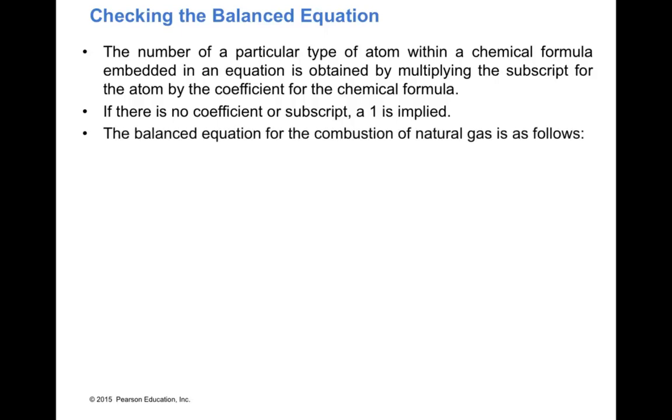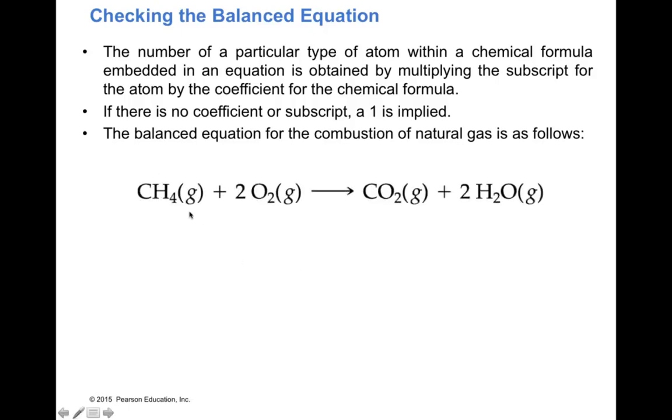The balanced equation for the combustion of natural gas is as follows: CH4, methane gas, plus 2 molecules of oxygen gas produce a molecule of carbon dioxide plus 2 molecules of water, both of them gas.